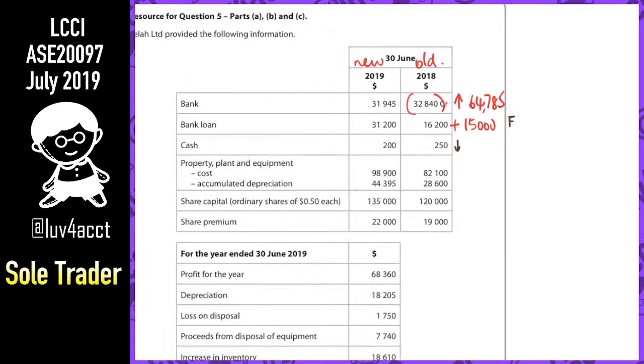Decrease in cash. So be careful, because cash is also cash and cash equivalent. Let me erase this. So you have 32145 cash and cash equivalent, and then negative 32590.